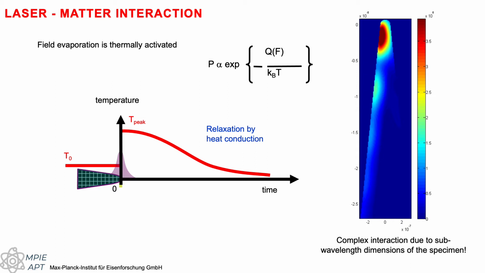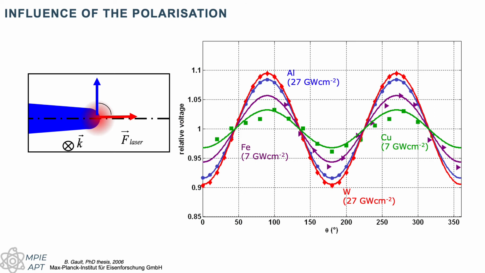The thing is, what we're looking at is typically a specimen with dimensions that are very small compared to the wavelength of the illuminating wave. So the interactions between the laser pulse and the specimen are again rather complex. So back about 15 years ago, we started looking into this when we implemented short laser pulses onto atom probes.